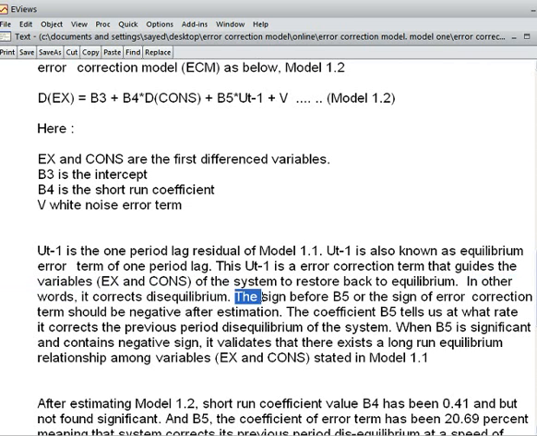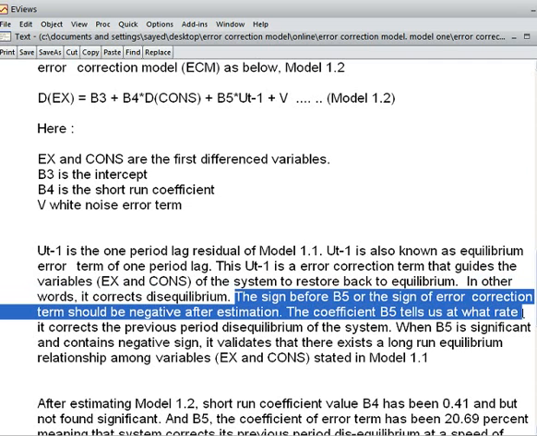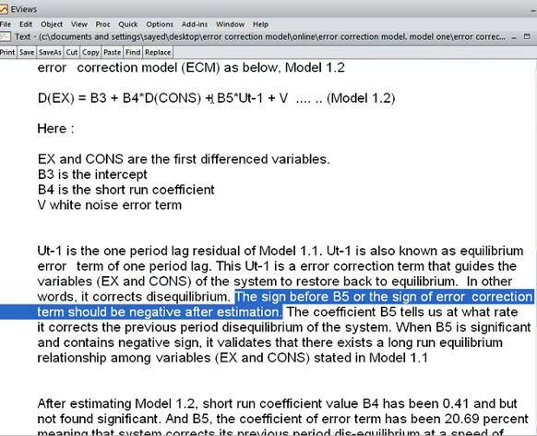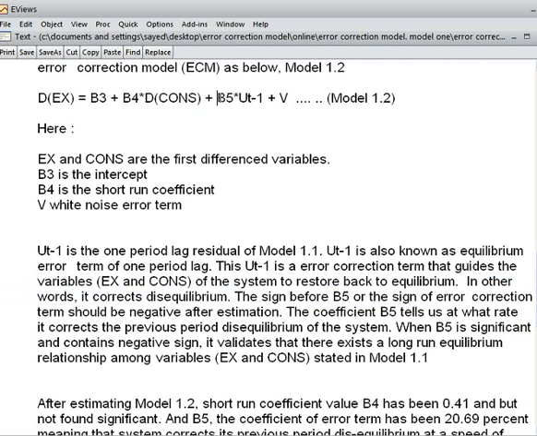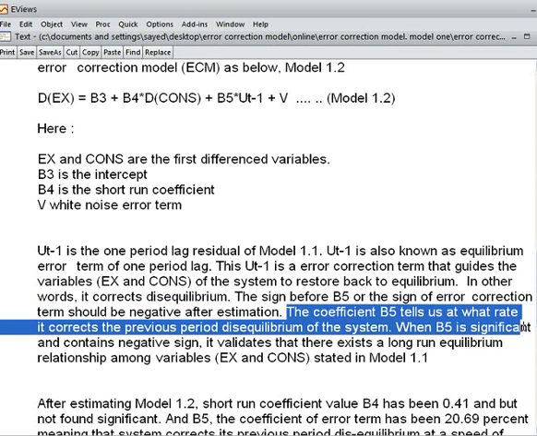But the sign before B5, or the sign of the error correction term, should be negative after estimation. This sign should be negative. The coefficient B5 tells us at what rate it corrects the previous period disequilibrium of the system.